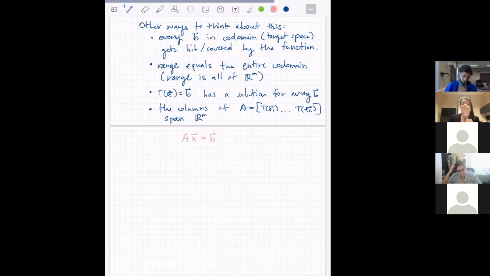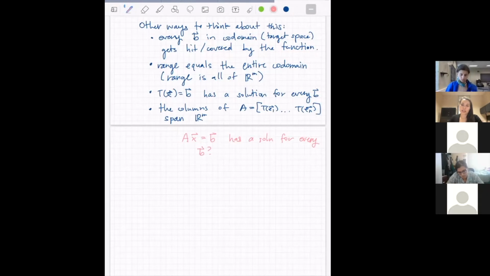Okay, so we had this question: does this have a solution for every b, right? This was a question that we asked.